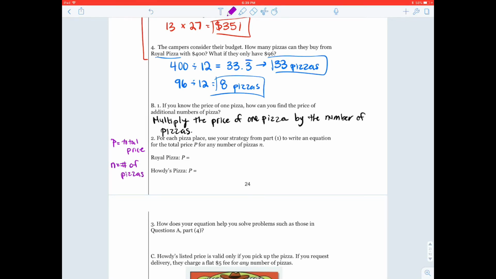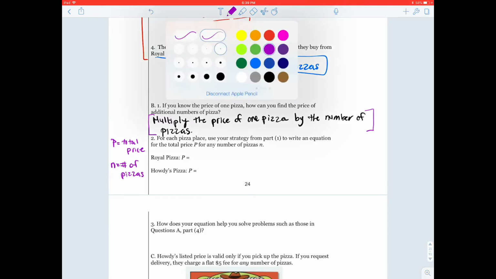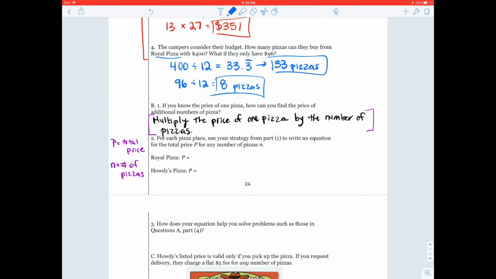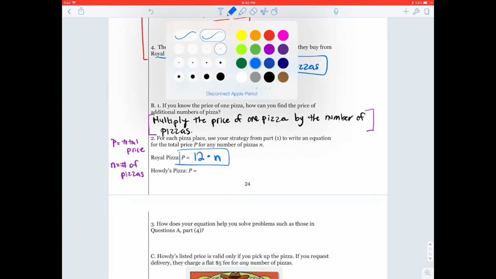Now, when we write the equation, we are going to follow this description exactly how we wrote it. We are going to multiply the price of one pizza by the number of pizzas. So for Royal Pizza, what was the price of one pizza? Well, we said it was $12. So we're going to take 12, and we're going to multiply that by the number of pizzas N. So this equation, P equals 12N, will tell me the cost of however many pizzas I want to buy at Royal Pizza.